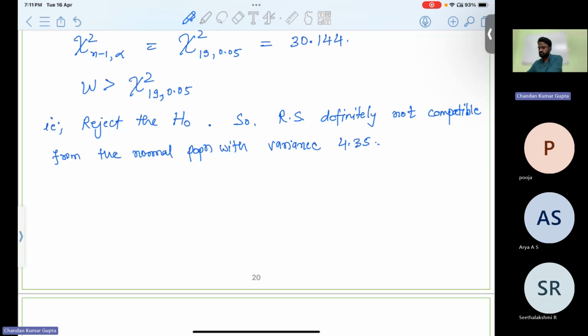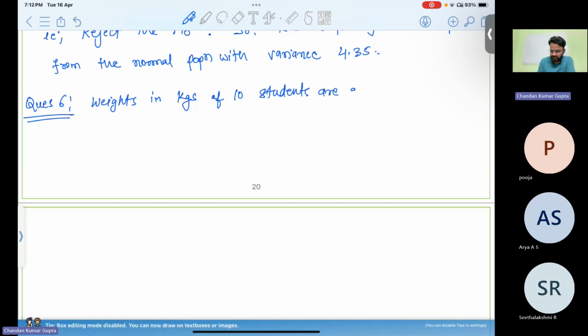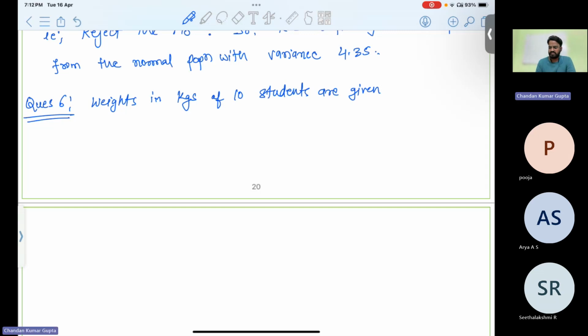Now the next question will be like this: weights in kg of 10 students are given, which is given like 38, 40.